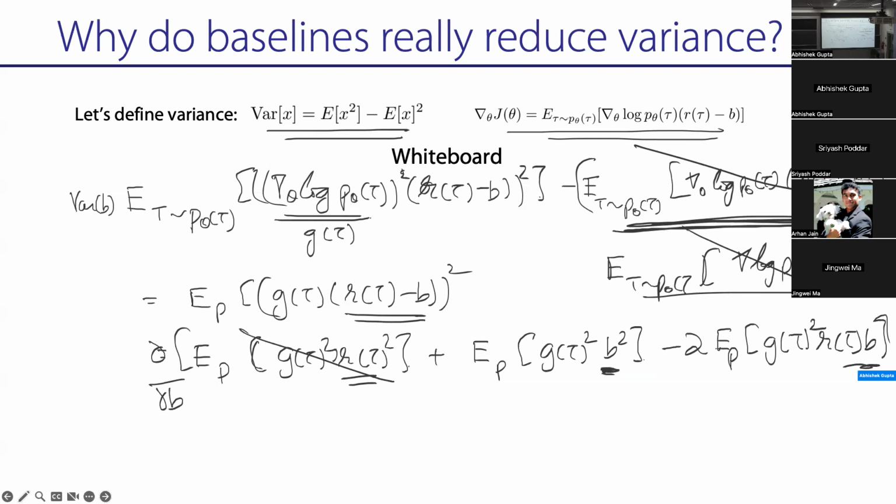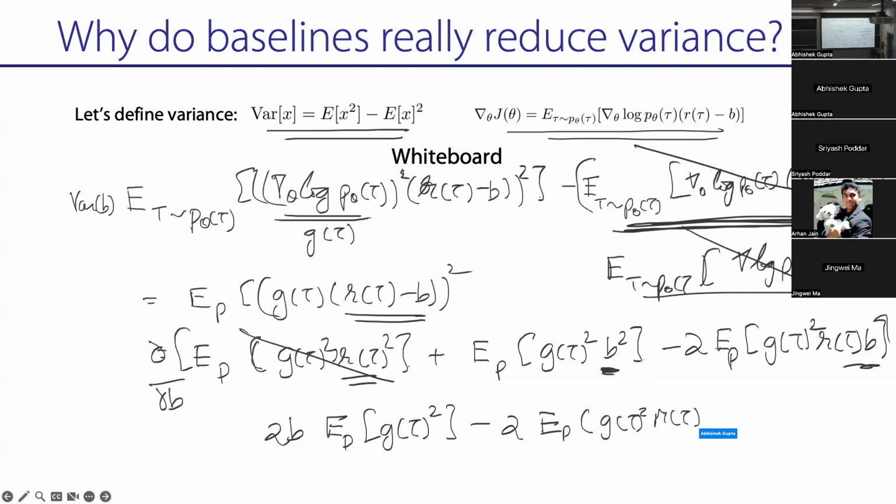So what you'll get is 2B expectation G tau squared minus 2 expectation G tau squared R tau is equal to 0, which means that your optimal baseline is going to be expectation G tau squared R tau divided by expectation G tau squared.